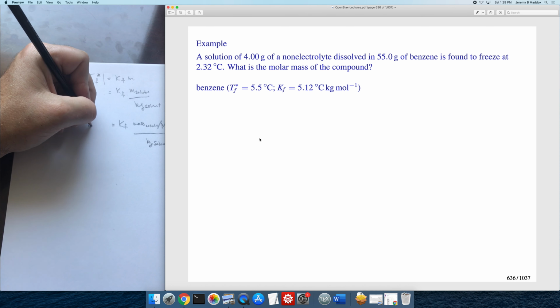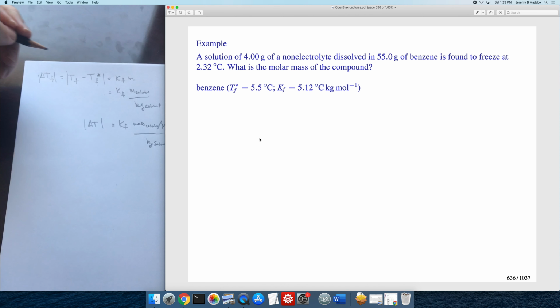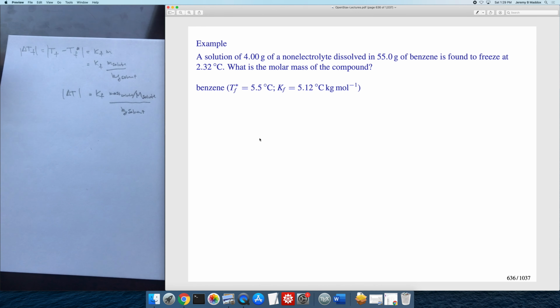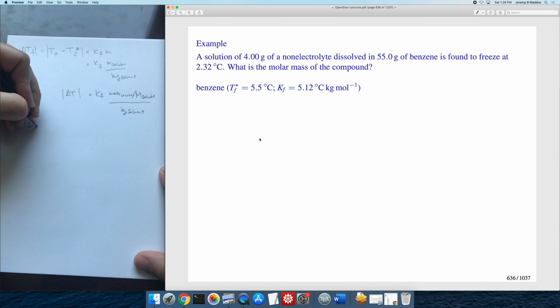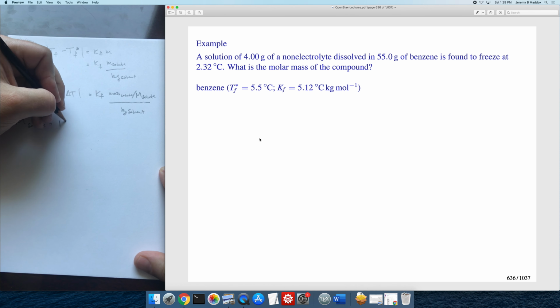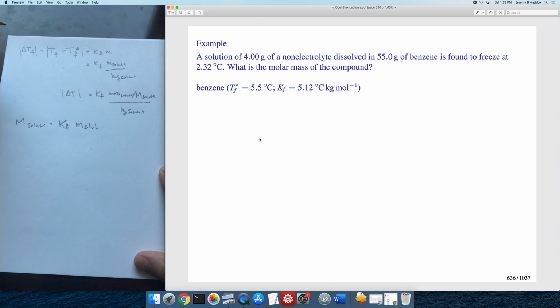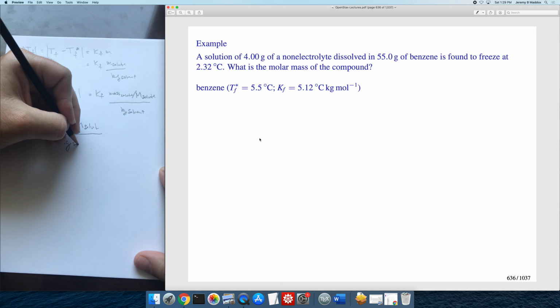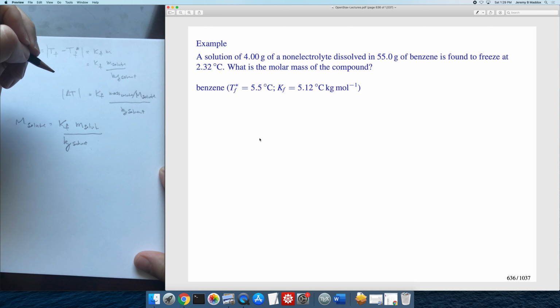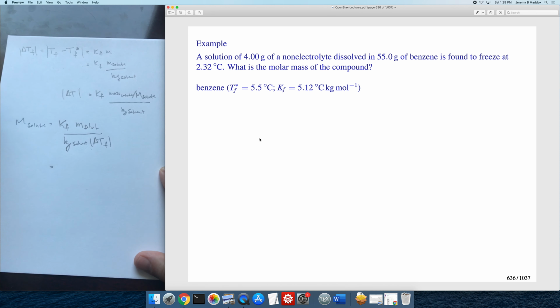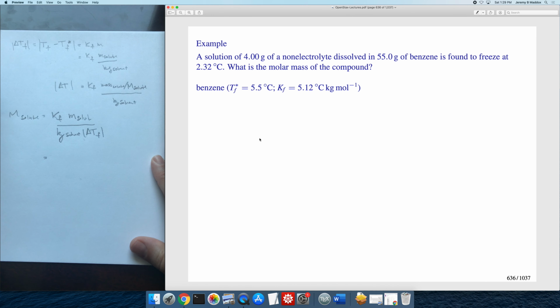Okay, so delta T. So what we'll do is we'll rearrange this, solving for the molar mass of the solute. It will be Kf times the mass of the solute, divided by the kilograms of the solvent times delta T. And so we can start plugging these numbers in.